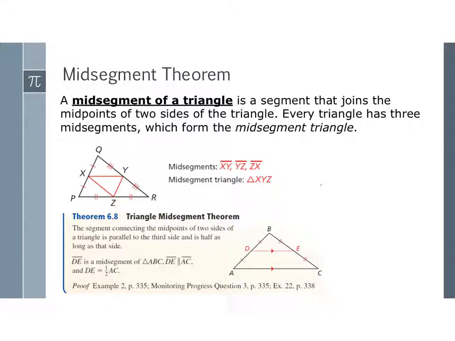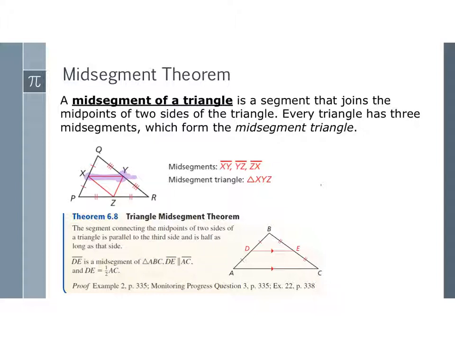Alright, so these notes are over the midsegment theorem, or the midsegments of triangles. By definition, a midsegment of a triangle is a segment that joins the midpoints of two sides of a triangle. Looking at this picture, if X and Y are midpoints, then the line connecting them is a midsegment.